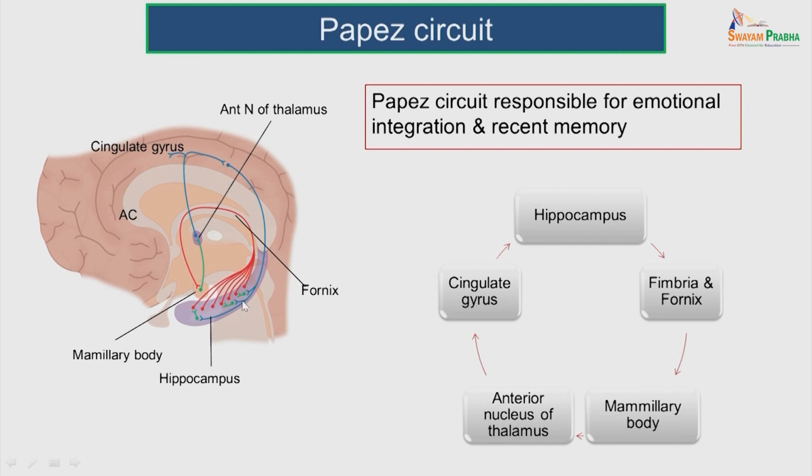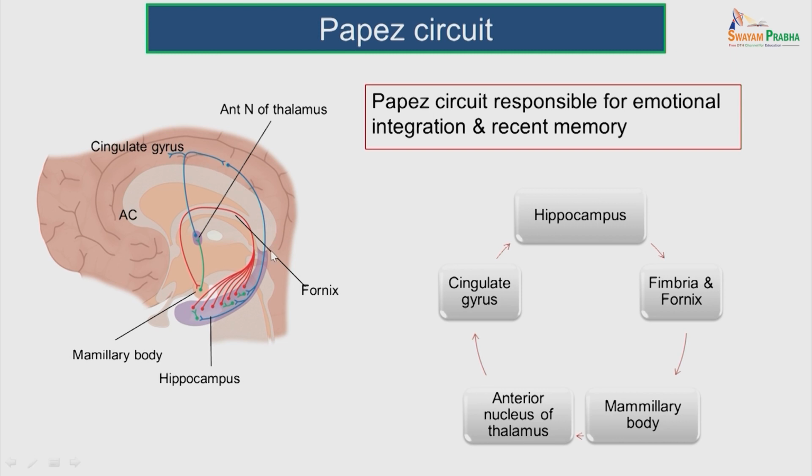Okay. So, here we can see this hippocampus is connected through the fimbria and the fornix. You can see here, it is coming to the mammillary body. It relays there, and there it is again connected to the anterior nucleus of the thalamus through the mammillothalamic fibers. Okay, from there it is going to the cingulate gyrus.